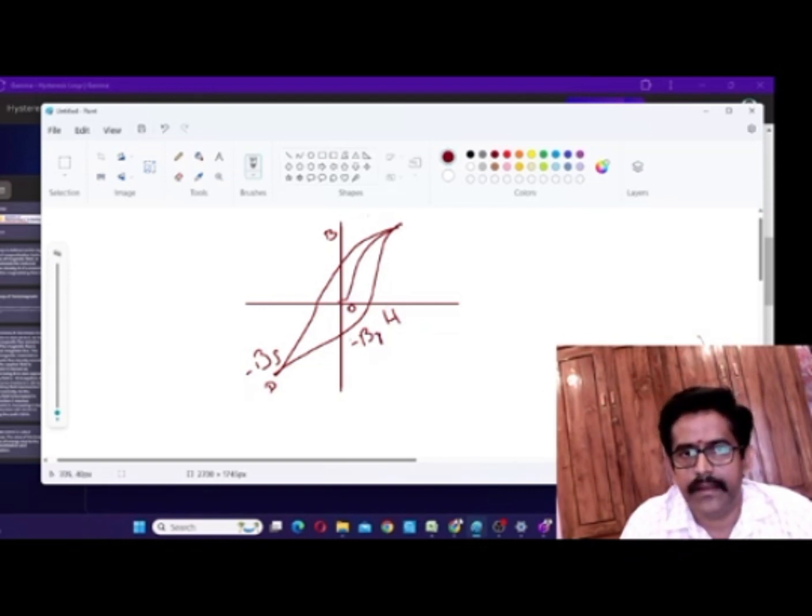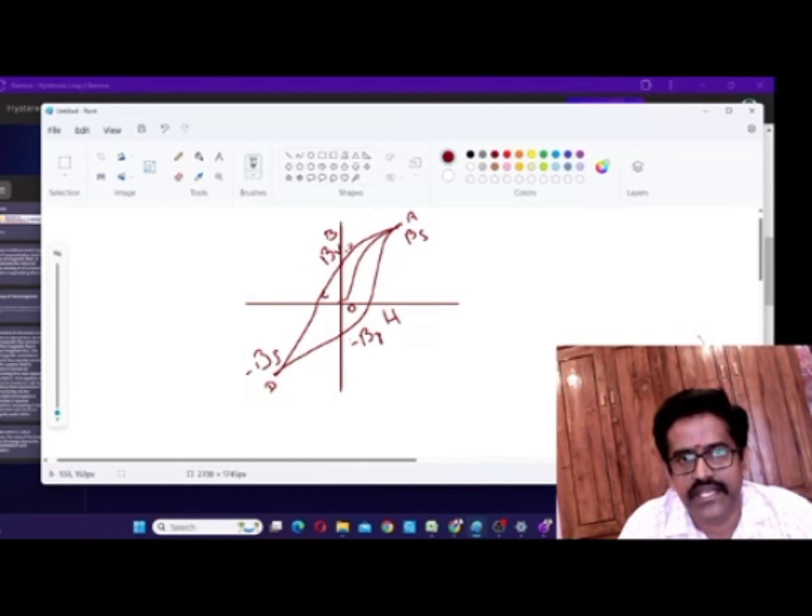Point A is saturation magnetization. This point B is Br, the retentivity.